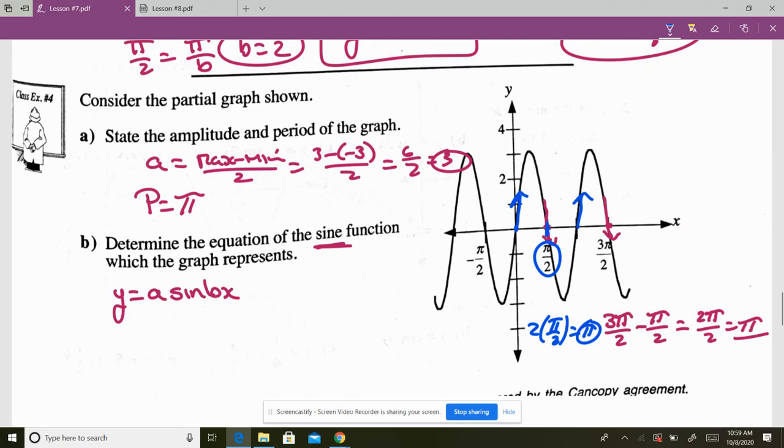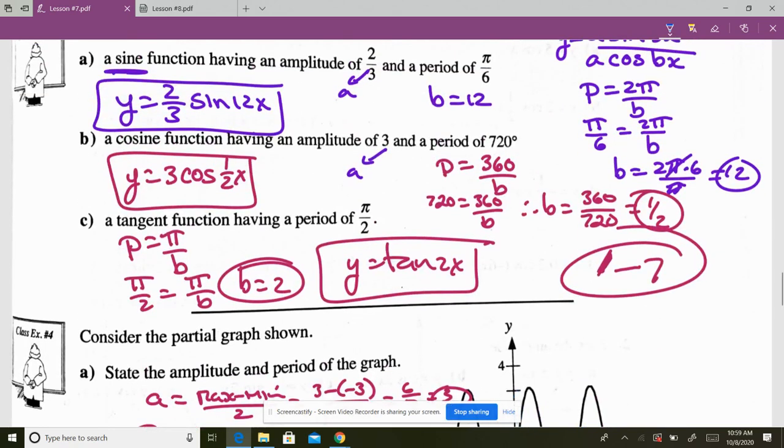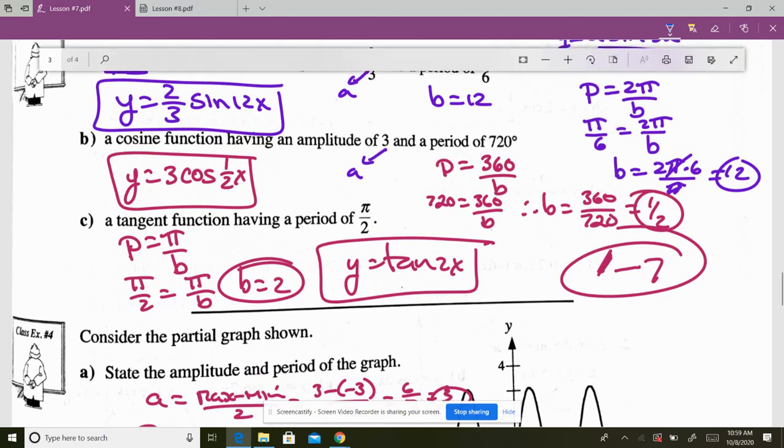All right. So now I know the period, but I need to know b. How do I find b from the period for a sine function? Period is equal to 2 pi over b, right? That thing right there.